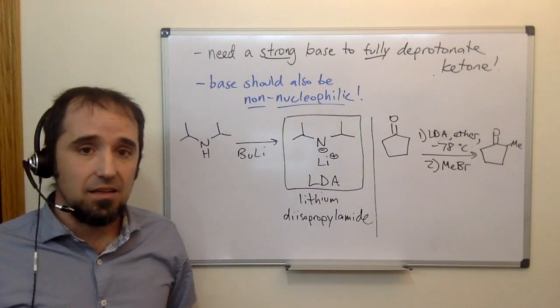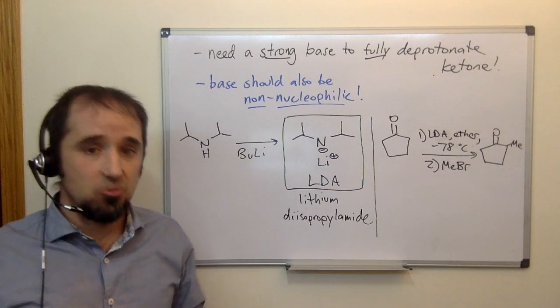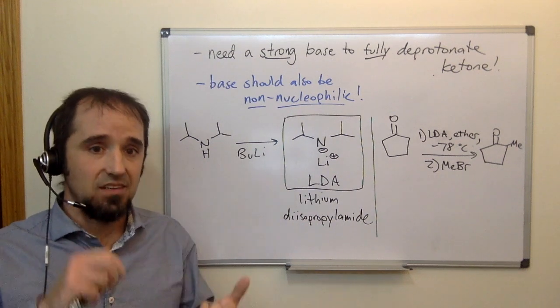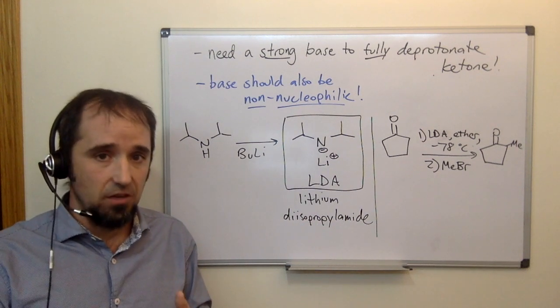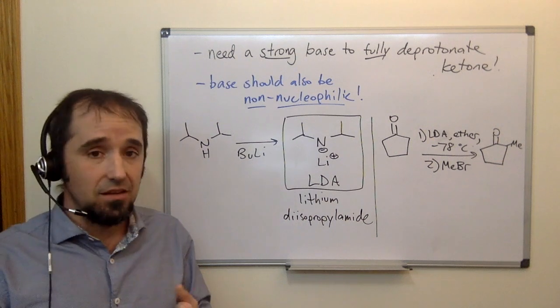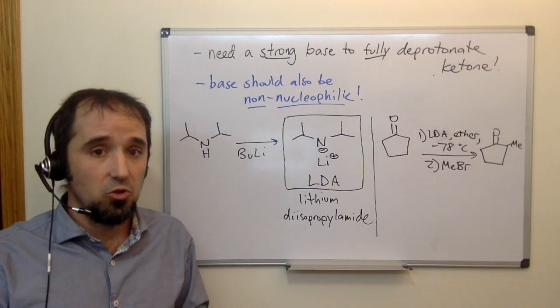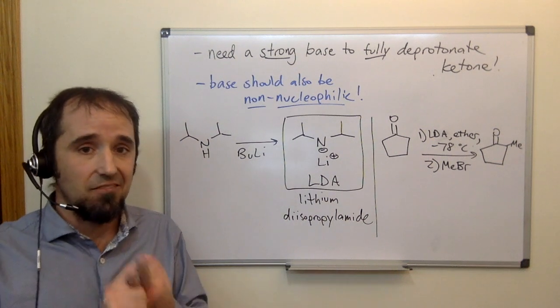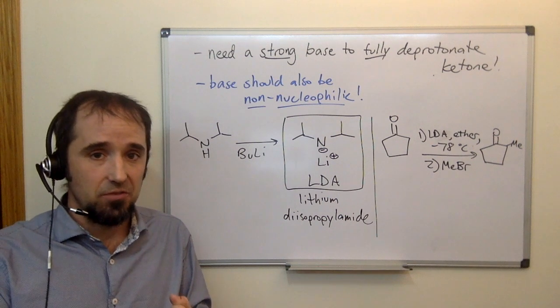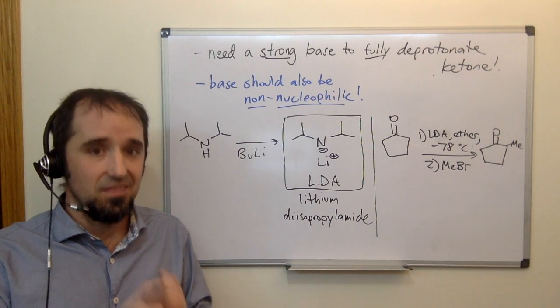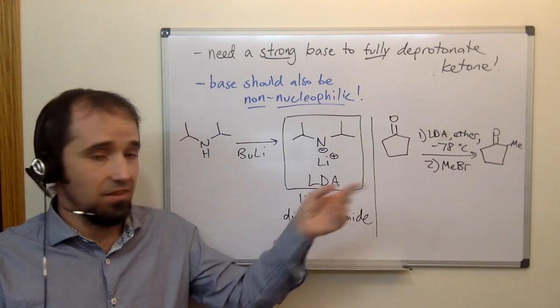But when you're alkylating a ketone, it's important to have a strong non-nucleophilic base. NaOH, not strong enough. Butyllithium, strong enough, but too nucleophilic. LDA, very strong, non-nucleophilic, especially at cold temperatures. This is a good way to get an enolate, which you can then alkylate.